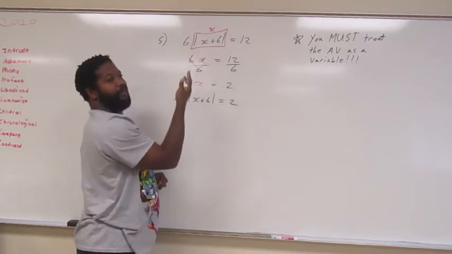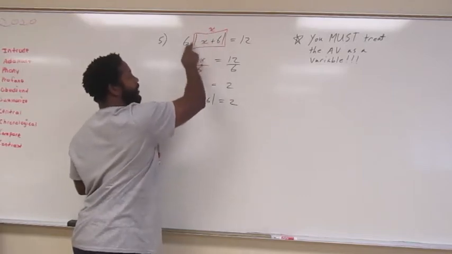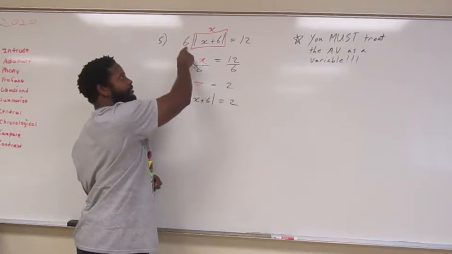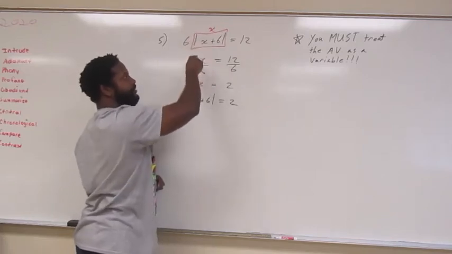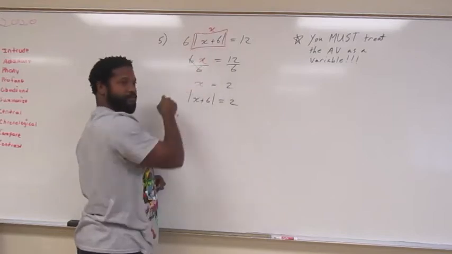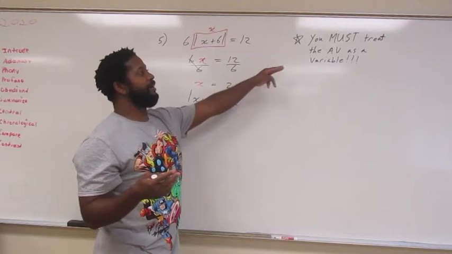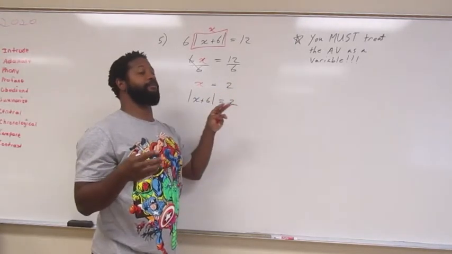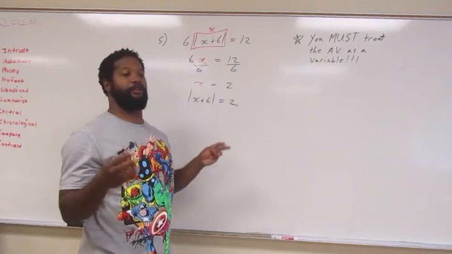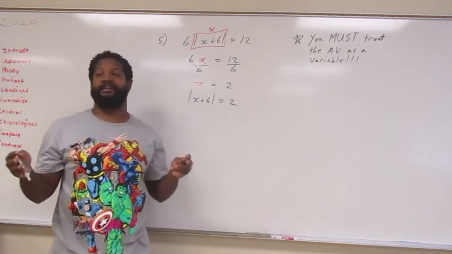I wrote it in red so that this X takes the place of this whole absolute value. So instead of it being 6 times the absolute value of x plus 6, I just made it an X, right? So I substituted. I treated my whole absolute value as a variable, okay? Because your main objective, whenever you have terms on the outside of an absolute value, is to get the absolute value by itself.